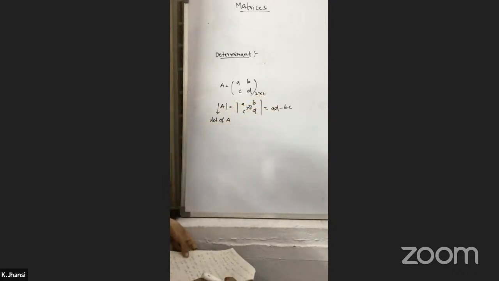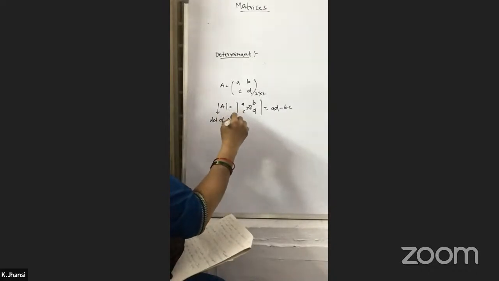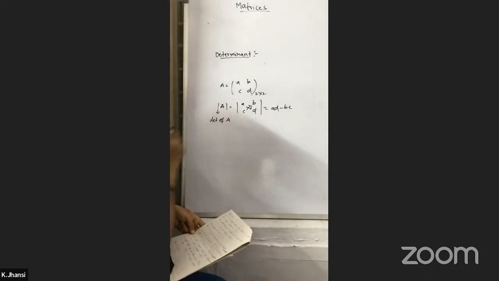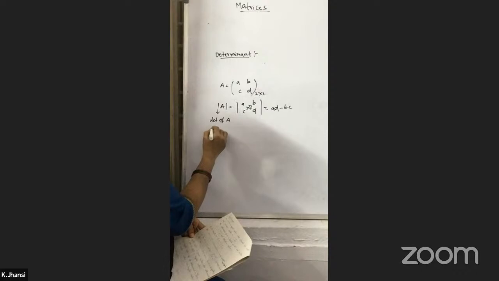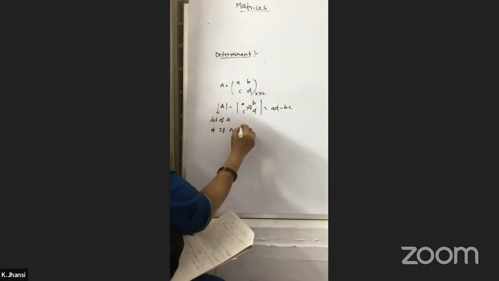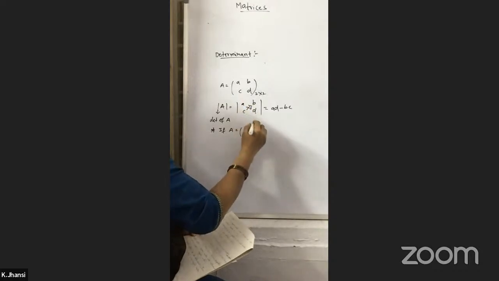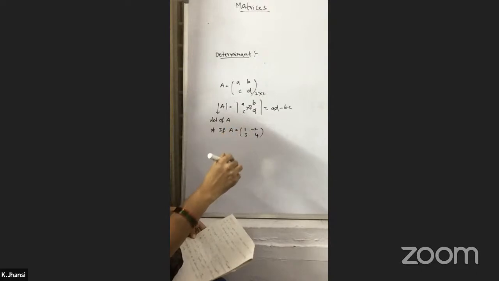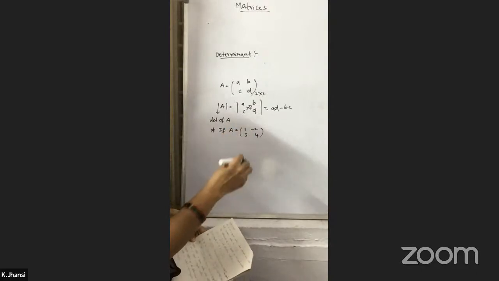Okay. So if you take an example like this: A is [1, -2; 3, 4].